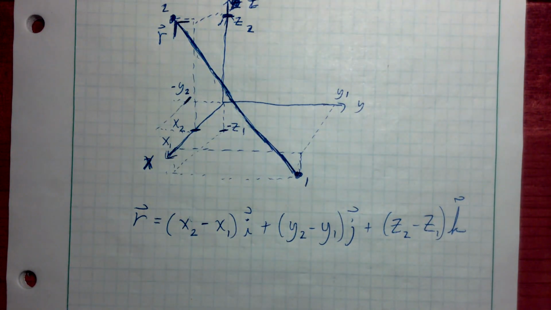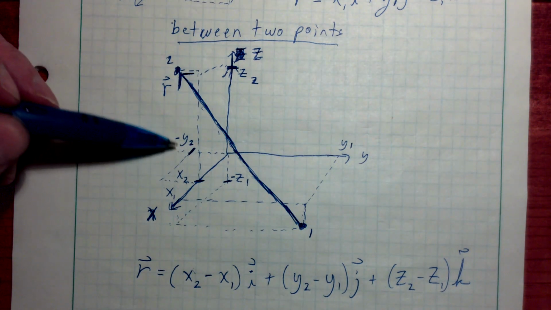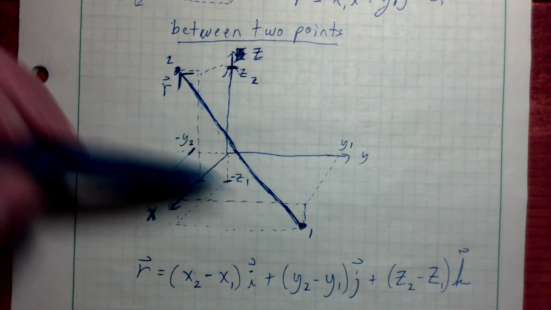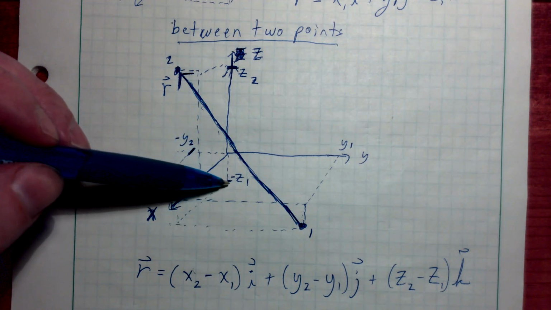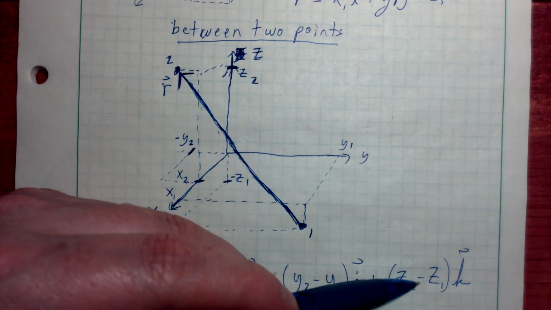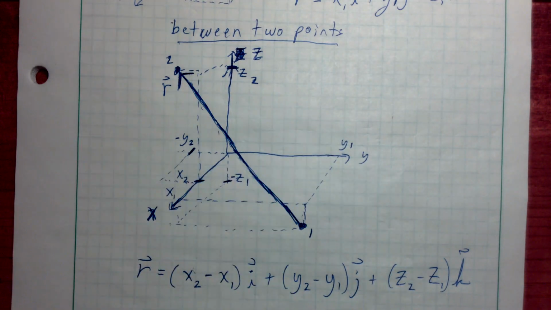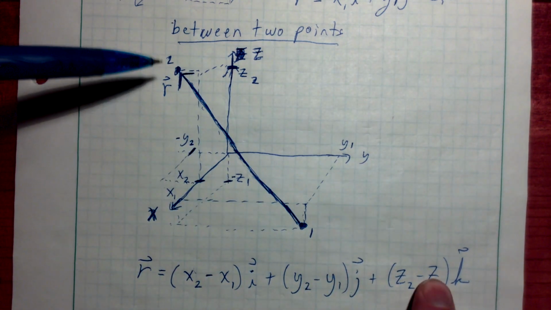If I have measurements for these, and yes, this will be a negative value, so I'll plug in, let's say it's minus 2. I would plug in minus 2 here for y2. And let's say z1 is in the negative direction, so let's say it's minus 1 down here. Well, I would plug in minus a negative 1 there. This would allow me to mathematically construct a vector describing how far I go to get from point 1 to point 2 in each x, y, and z direction.